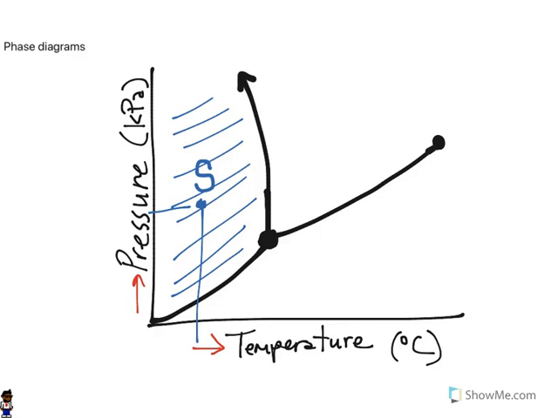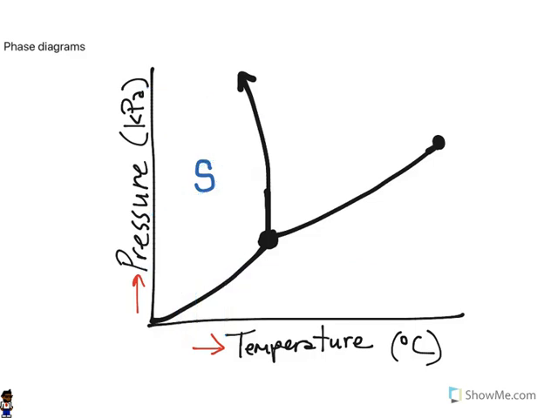If it fell at a low pressure and a medium temperature, right here, we expect the substance to behave like a solid. If we had a really high pressure and a low temperature, like this, it's going to be a solid. But if we had a low pressure and a very high temperature, this does not fall in the solid range, so it would be considered something else.